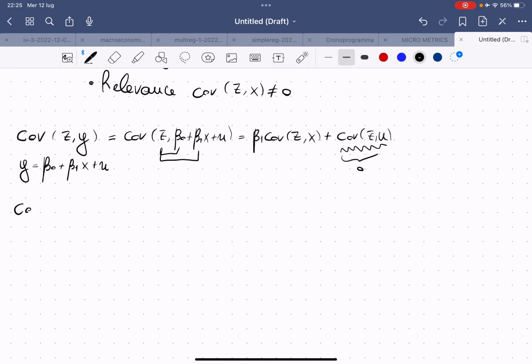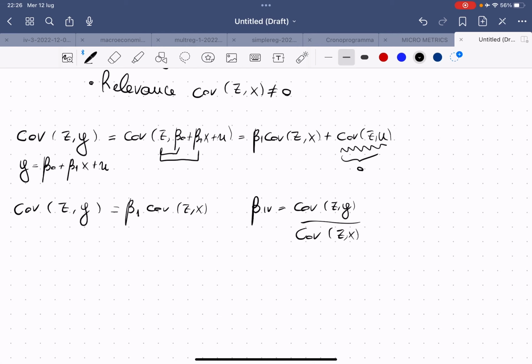So we are left with the covariance of Z and Y equal to beta 1 times the covariance of Z and X. So the estimator finally will be equal to the covariance of Z and Y divided by the covariance of Z and X.